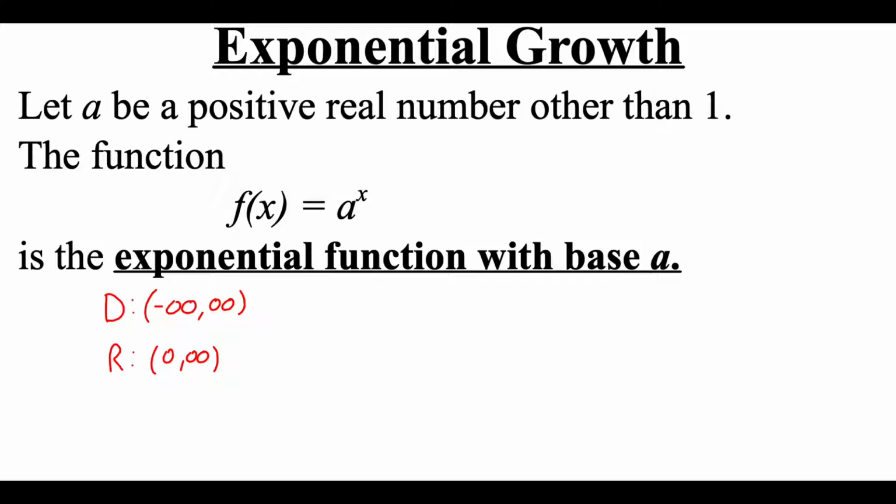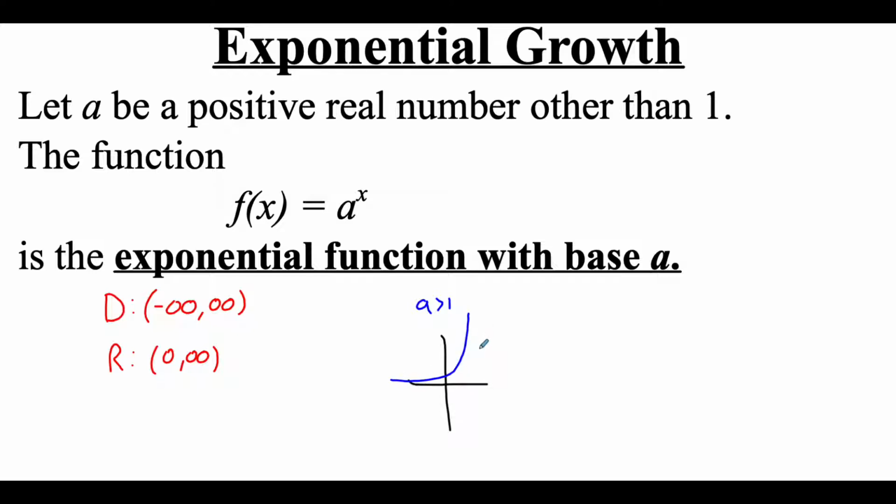Now, depending on what that base of a is, it can affect the picture of the graph slightly. If we're dealing with an a value that's greater than 1, then your graph is going to look something like this.